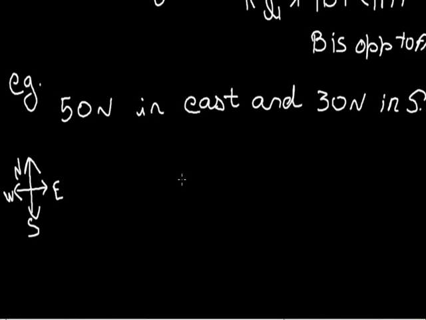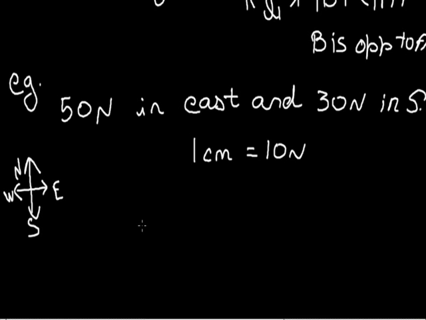Okay, 50 Newton in east. First of all we have to take some scale. Okay, it's not in a graph. Just as we take the scale, we take 1 centimeter equal to 10 Newton. Okay, this means 1 centimeter on that graph will represent 10 Newton of force.